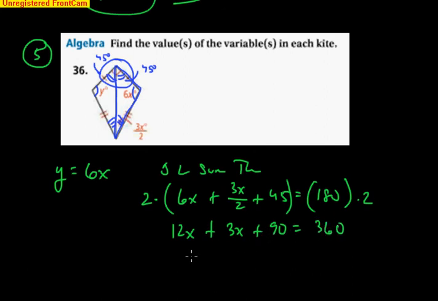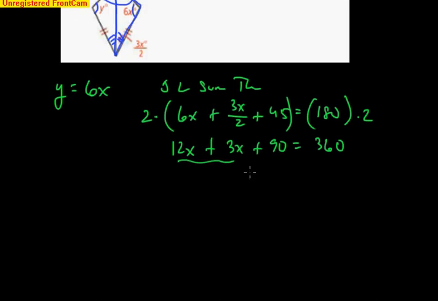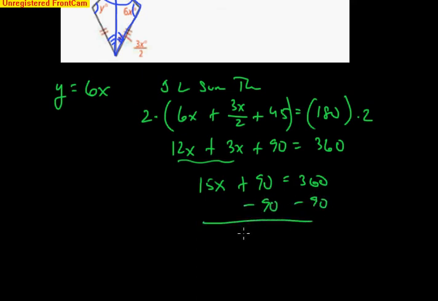I'm going to combine the left side here and get 15x plus 90 equals 360. I'm going to subtract the 90 from both sides. 15x equals 270, and divide by 15.